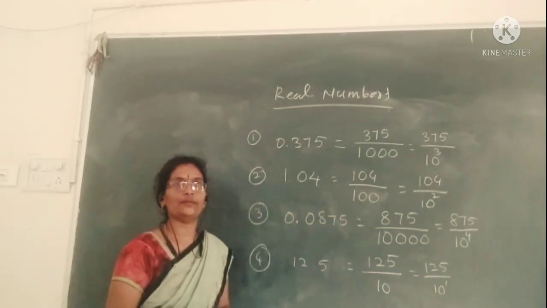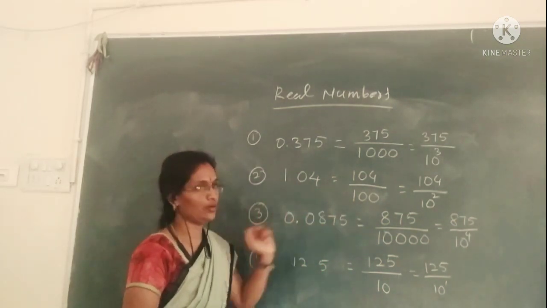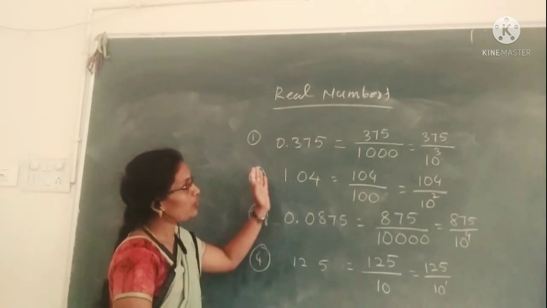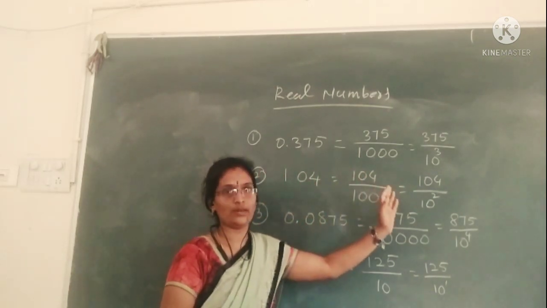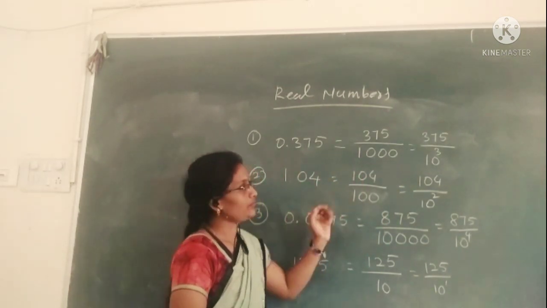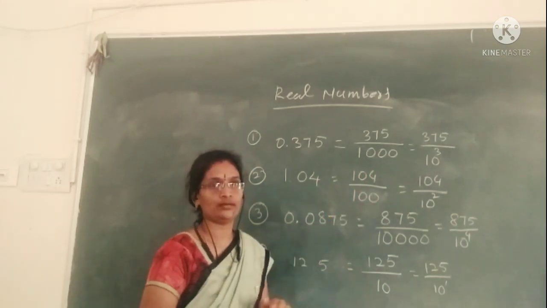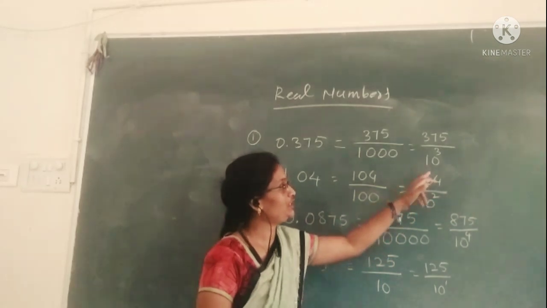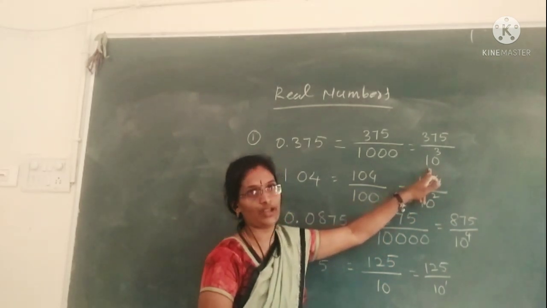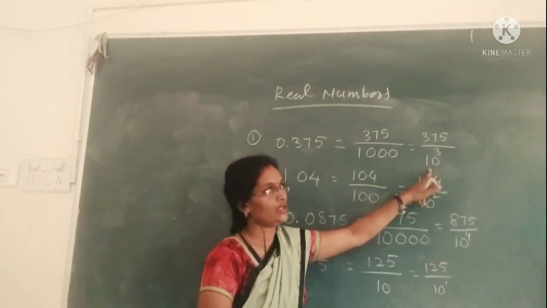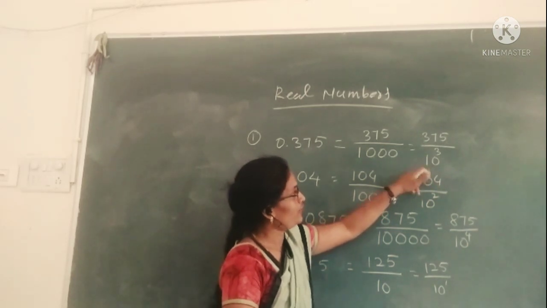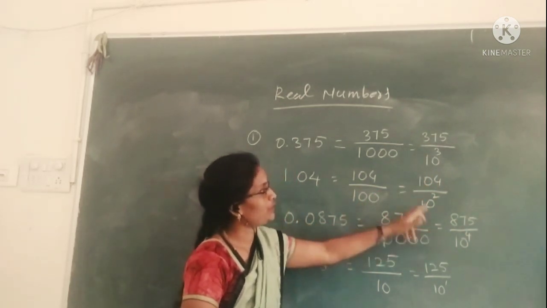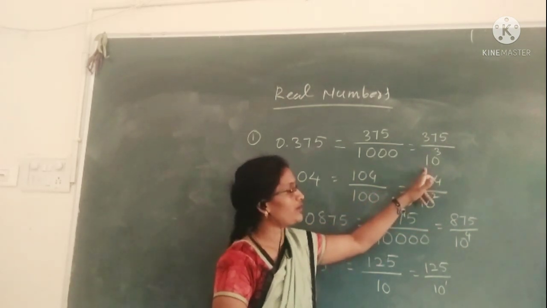So we observe all these examples of terminating decimal expansions. We can express them as rational numbers whose denominator is a power of 10. Every such rational number has a denominator that is a power of 10.